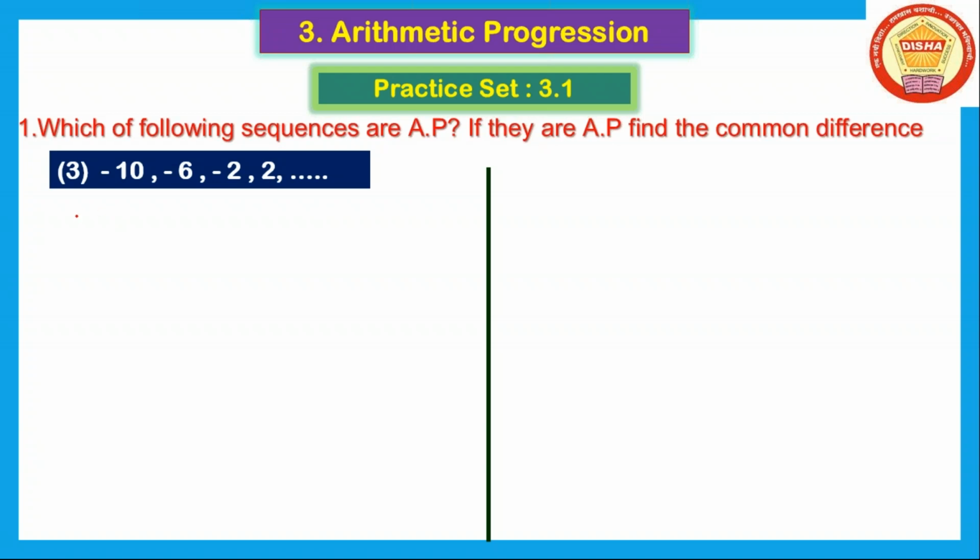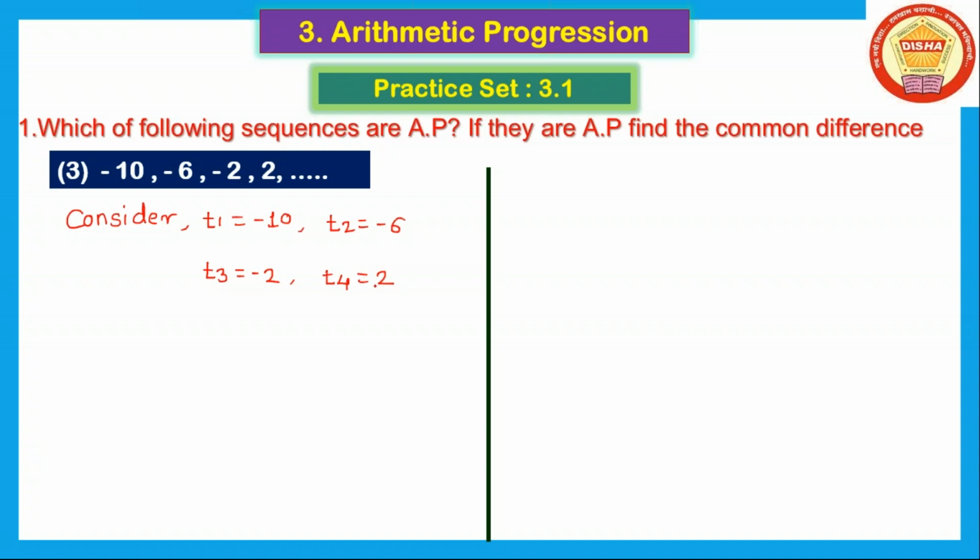So first, again we consider all the terms as T1, T2, T3. T1 is equal to negative 10, T2 is equal to negative 6, T3 is equal to negative 2, and T4 is equal to 2.